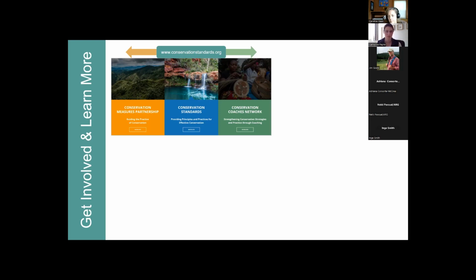The Conservation Measures Partnership website obviously tells you a little bit more about CMP. It's also got the information about the initiatives, and then CCNet likewise a little bit more about finding a coach in your area, getting involved with your regional network of CCNet, finding out how to even become a coach if this is something that you're really interested in and want to pursue. Okay, so that's a kind of one-stop shop to find out a lot of this information.